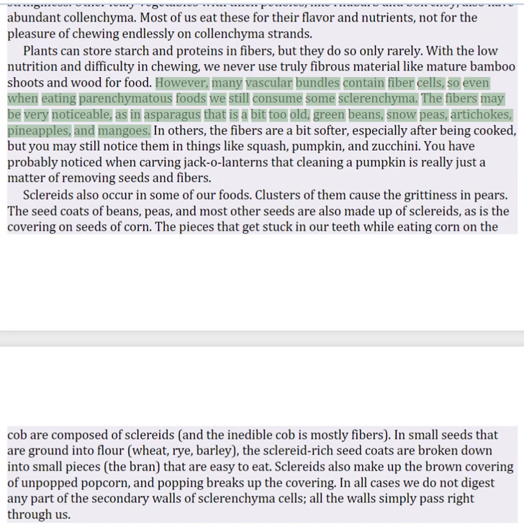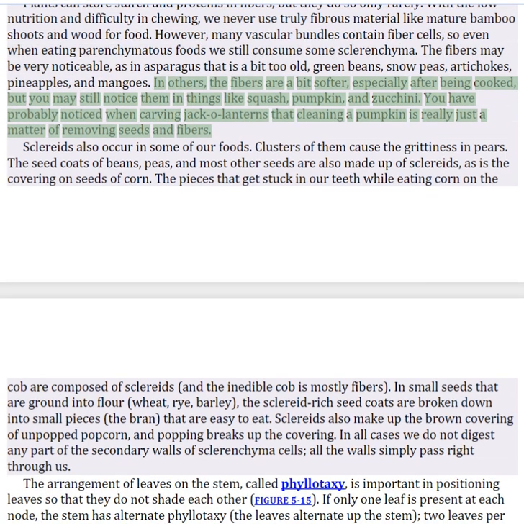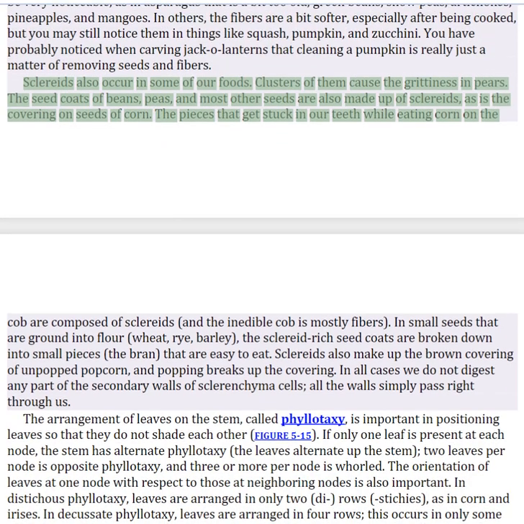The fibers may be very noticeable, as in asparagus that is a bit too old, green beans, snow peas, artichokes, pineapples, and mangoes. In others, the fibers are a bit softer, especially after being cooked, but you may still notice them in things like squash, pumpkin, and zucchini. You have probably noticed when carving jack-o'-lanterns that cleaning a pumpkin is really just a matter of removing seeds and fibers. Scleriids also occur in some of our foods.